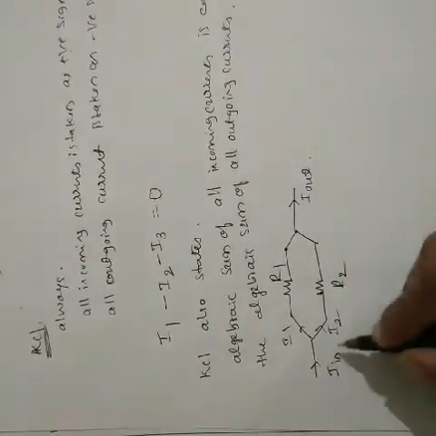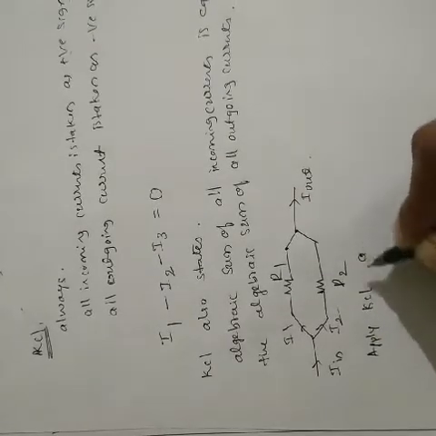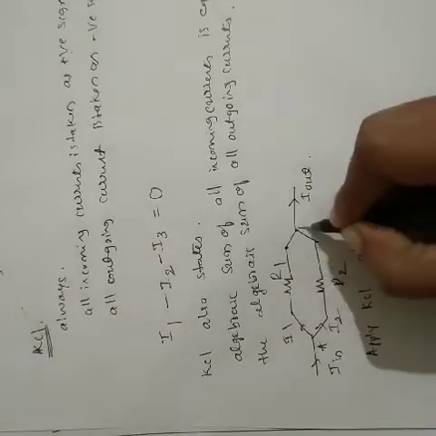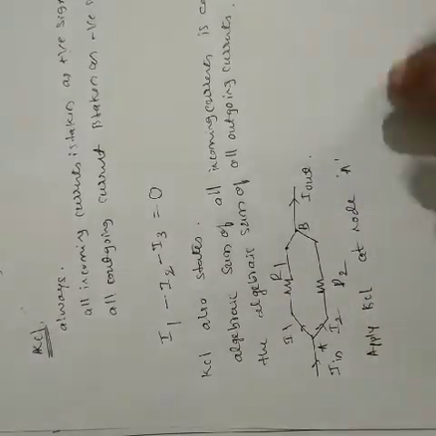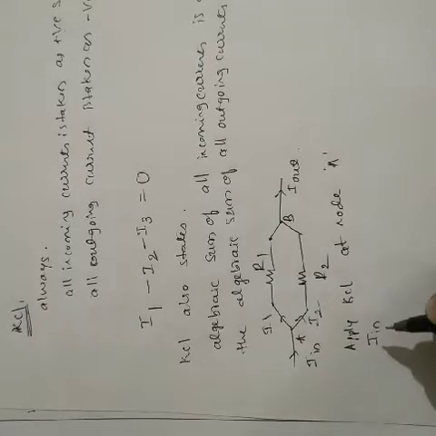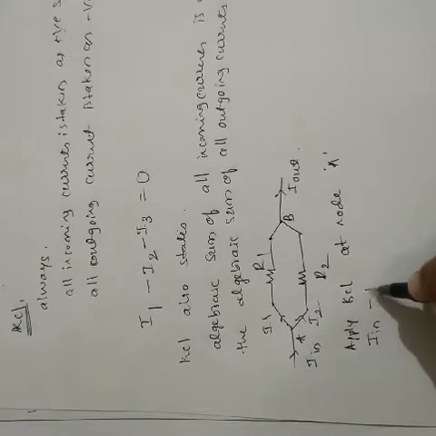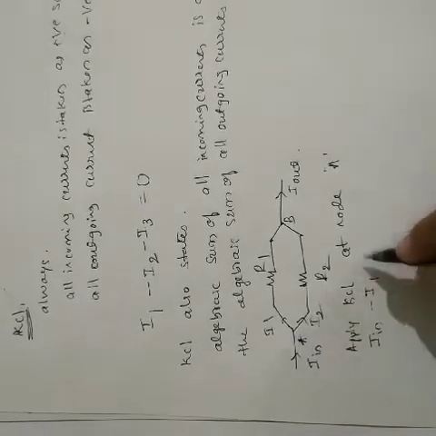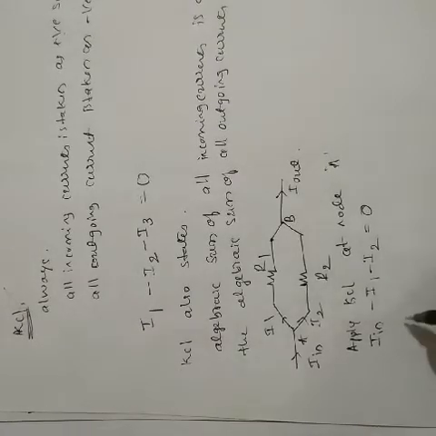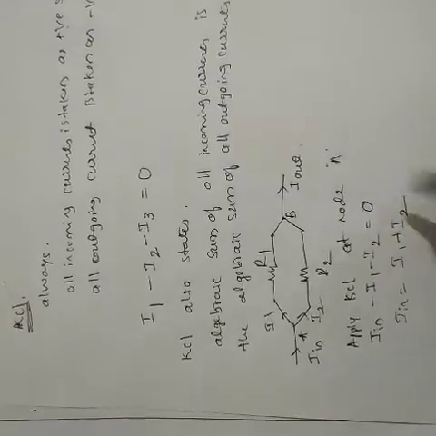Now apply KCL at node A. I incoming is towards the node and taken as positive sign. I1 is away from the node and taken as negative sign. I2 is away from the node and taken as negative sign, equal to 0. Therefore, I incoming is equal to I1 plus I2.